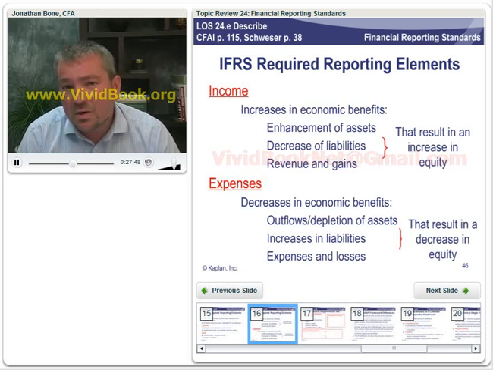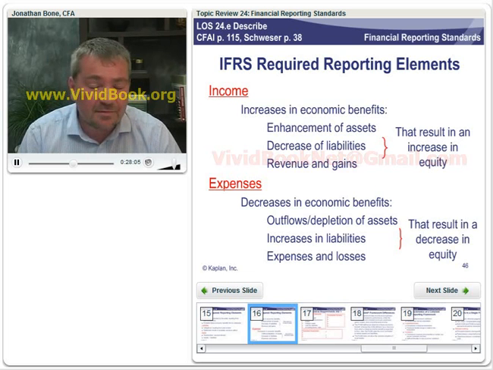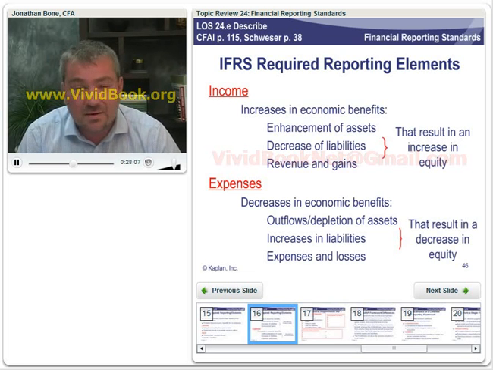So what's it really going to include, income? It's going to include enhancement of assets, decreases of liabilities, and revenues and gains. Enhancements of assets, things like asset revaluation that will be taken directly into our stockholders' equity. And of course, we refer to that as a comprehensive income item.